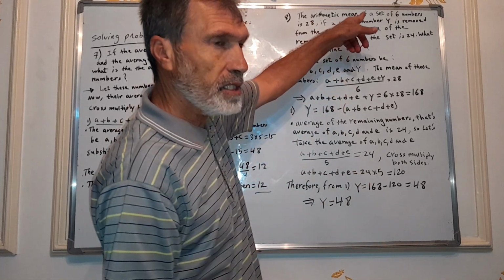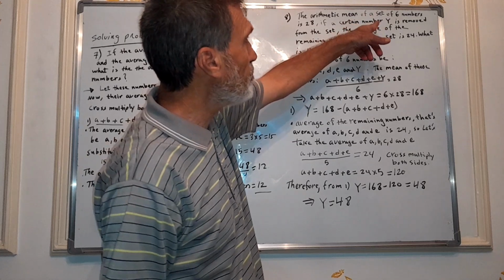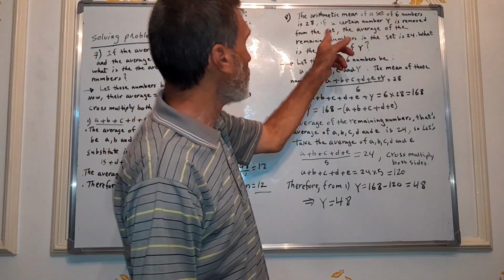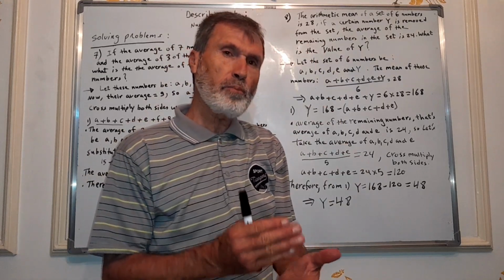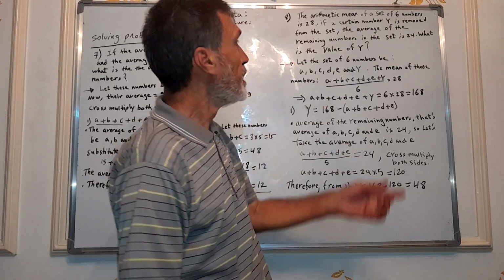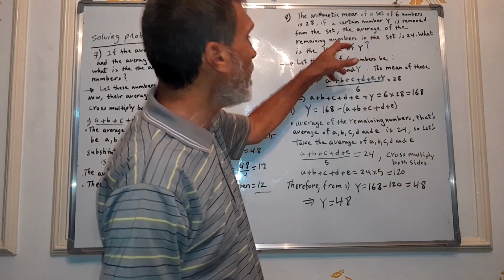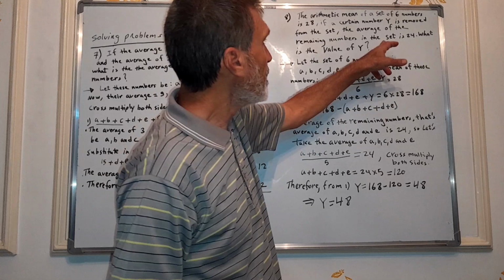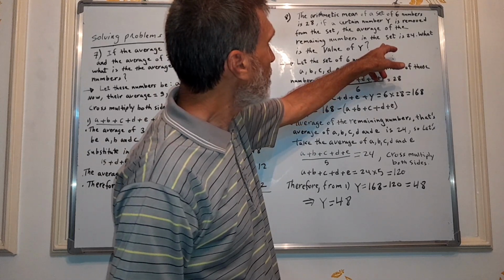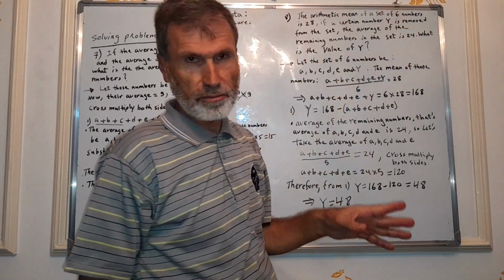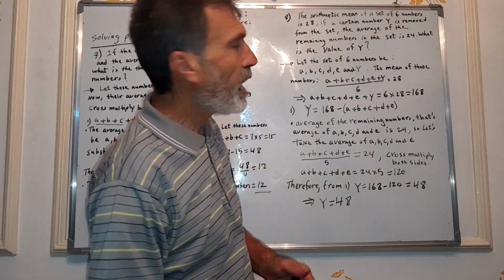So the arithmetic mean or the average of these 6 numbers is 28. If a certain number y is removed from the set, so y is part of those numbers, then the average of the remaining numbers in the set is 24. What is the value of y?